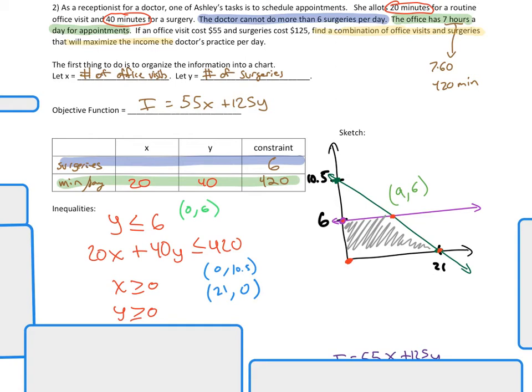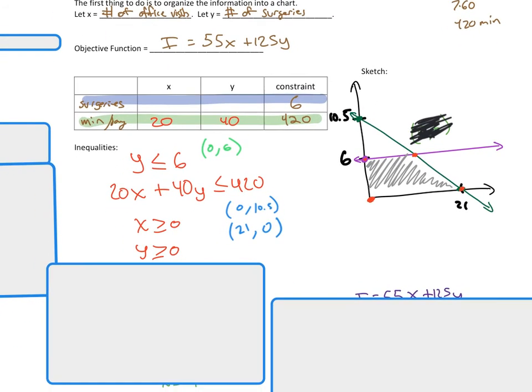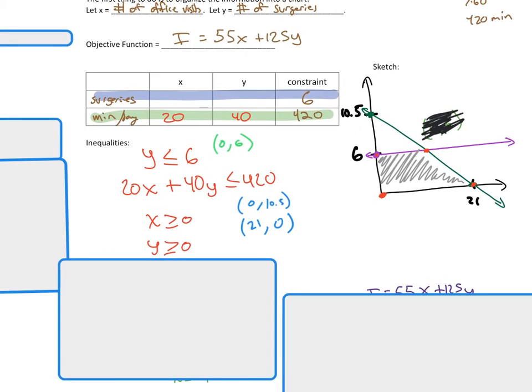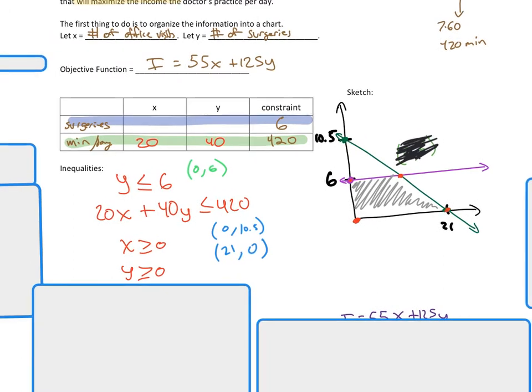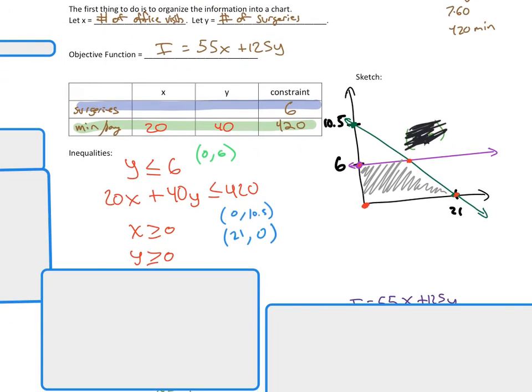And we don't know that intersection point yet. We have to find that. Okay, so let's pretend that that's not there yet. To find our intersection point, we now want to find the corner points. We've got 3 of them. We just need to find that 4th one. And so that's where I'm going to solve the system between the 2 lines, the horizontal line y equals 6 and the diagonal line 20x plus 40y equals 420.